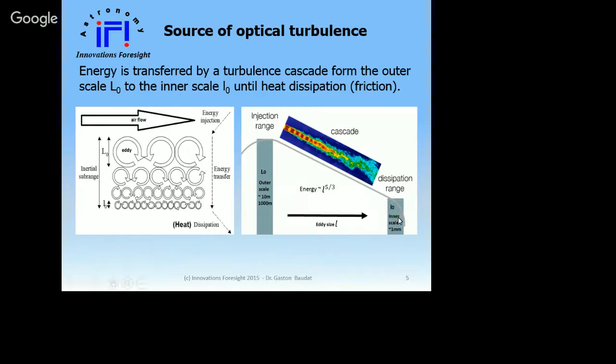And eventually the heat will take over. What's important to remember is the energy involved in the process is a function of the size of the eddy. The bigger, the more energy is involved. And of course, because the eddies are made of different air density, there is a different index of refraction, and this is why we see some problems when we image through the atmosphere.